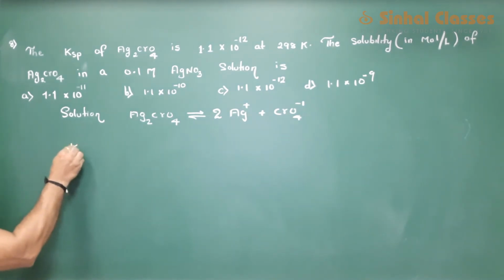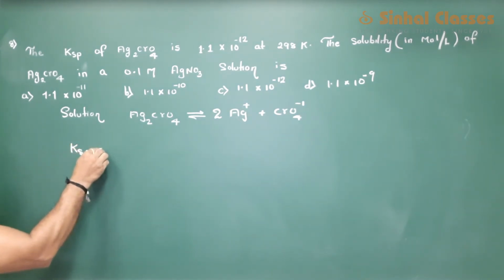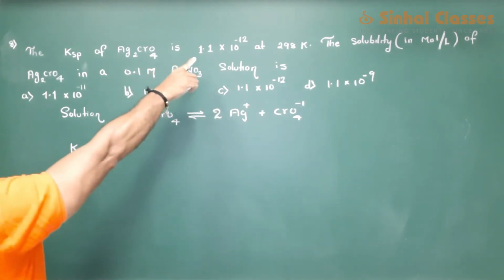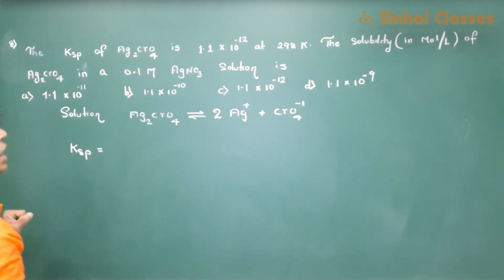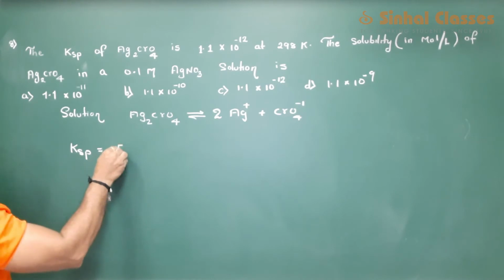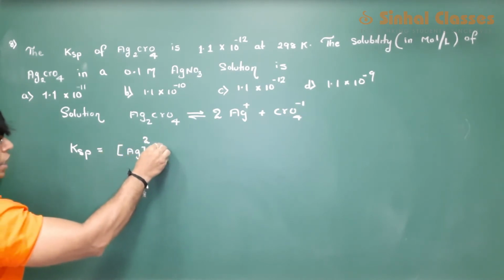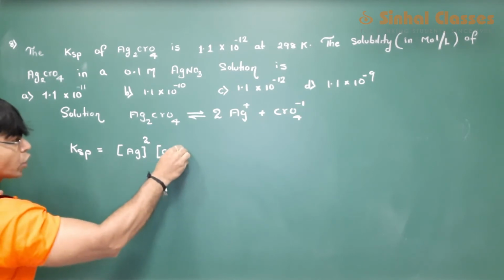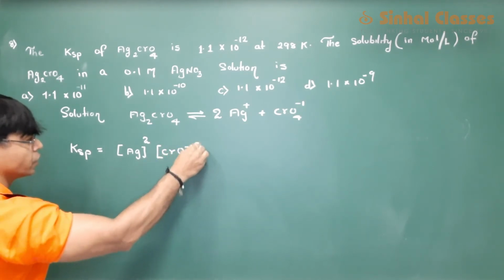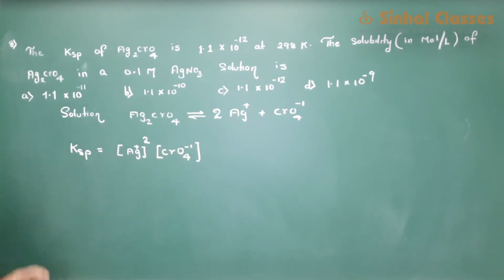Now the Ksp of it is given as 1.1 into 10 raised to minus 12. So Ksp is the concentration of Ag plus squared into the concentration of CrO4 2 minus.